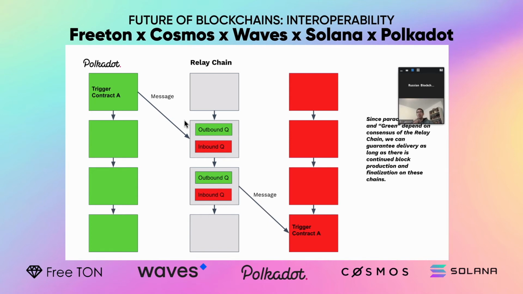So we actually can prove that it will go into the outbound queue of green, the inbound queue of red, and then leave the outbound queue of green and leave the inbound queue of red and actually end up on the red parachain. So as long as blocks are being produced, as long as the parachains are staying connected with the relay chain, then we actually can verify that these messages are going through.